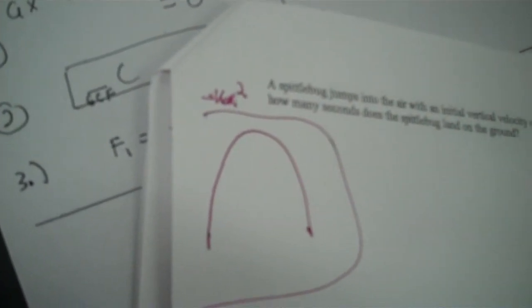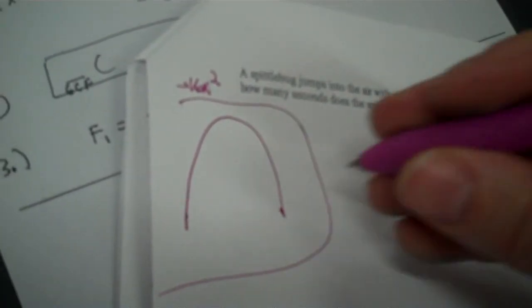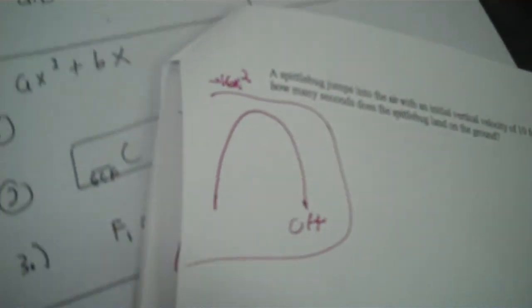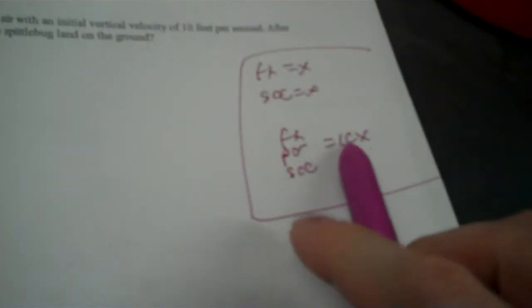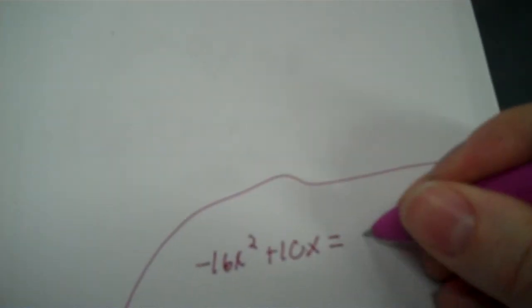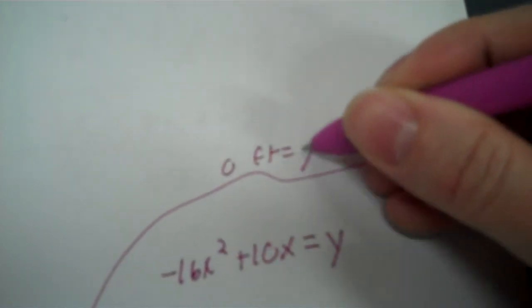It's a constant on Earth. That's why you use that negative 16 every time gravity is involved. 0 feet. So I've got negative 16x to the second plus 10x, this plus this, they combine to make an equation, equals y, but then 0 feet replaces the y.